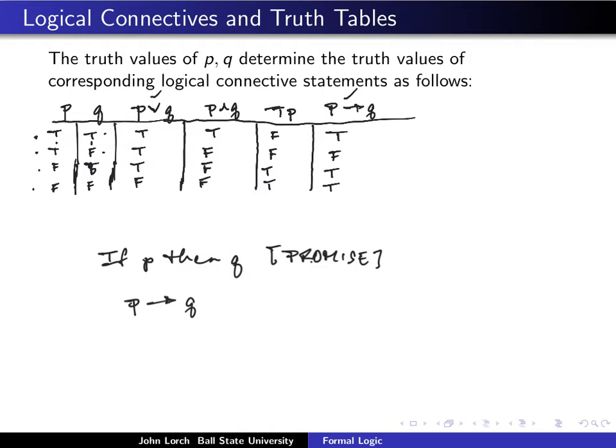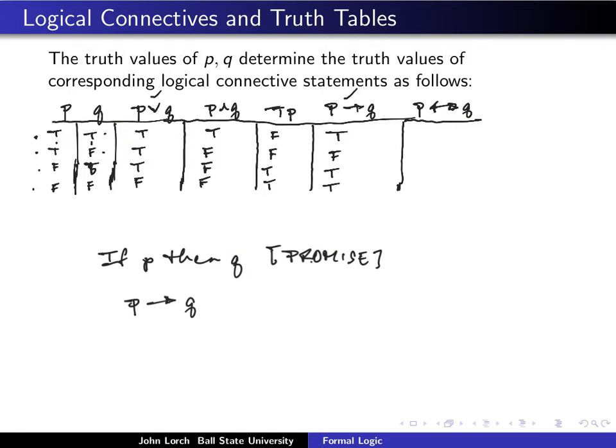Okay, now there's one more logical connective for us to deal with, and that's the P if and only if Q. So that's the two-sided arrow there. Now here, for this to be true, what we're looking for is that P and Q have the same truth values, right?